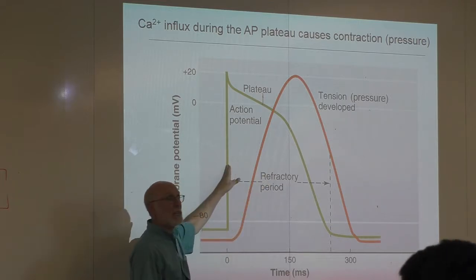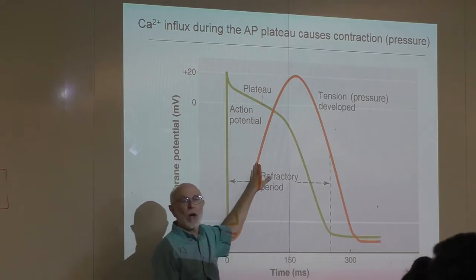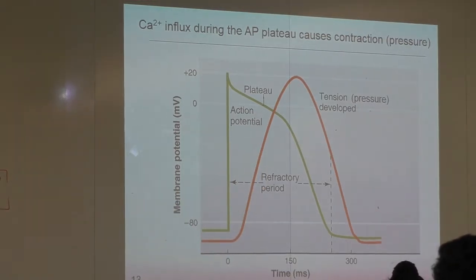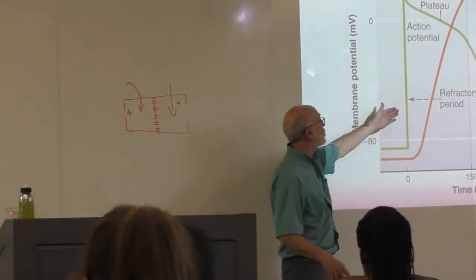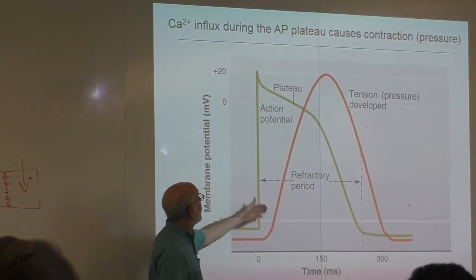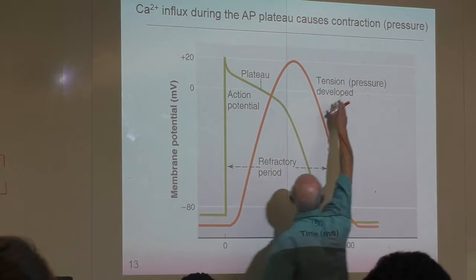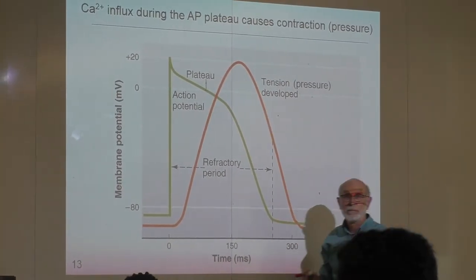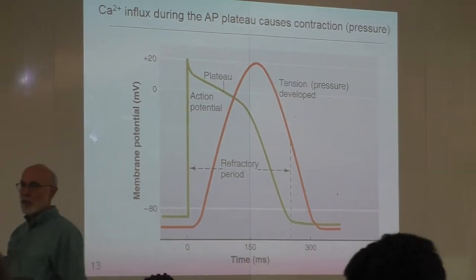And electrical activity is fast and contraction is slow. So the green line is the electrical potential and the red line is the pressure or the force or the contraction. And calcium triggers contraction.